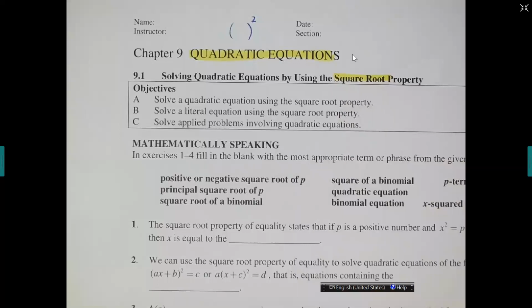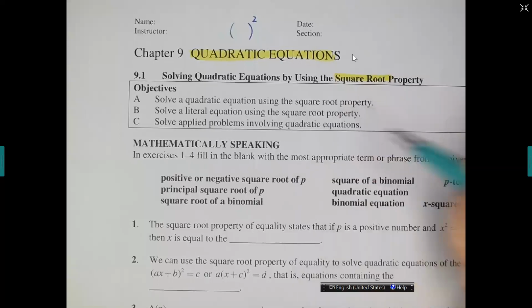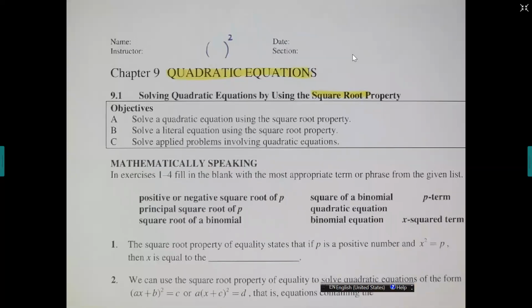So when we see an equation where the unknown, x or y, whatever letter we choose, appears only once, and it appears only one time within the square term, then we will be able to solve this quadratic equation using the special method, the square root method.